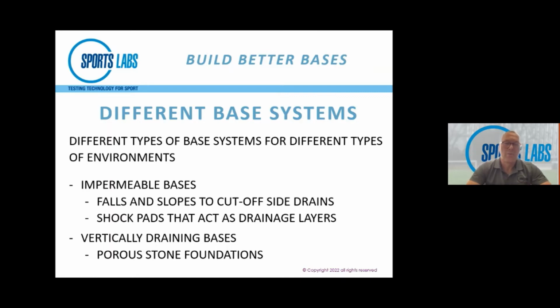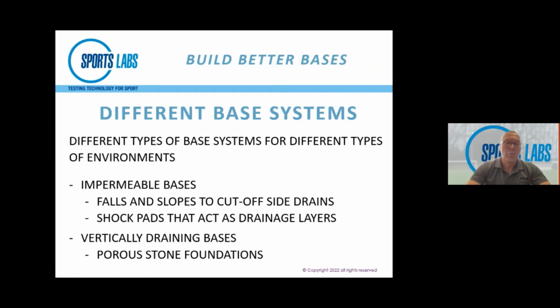Sometimes these fields will have shock pads, which are actually drainage layers, so they de-water the runoff. It drains vertically into the shock pad and then leaves the site via a fall again into a cut-off drain.